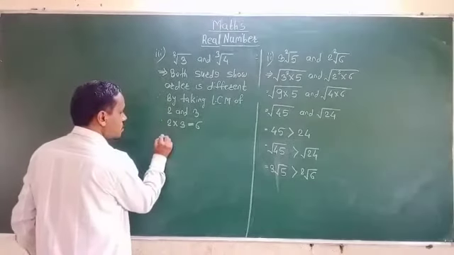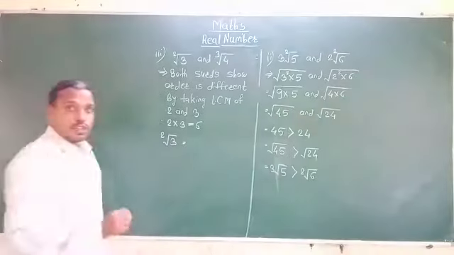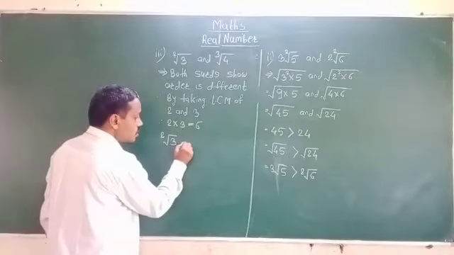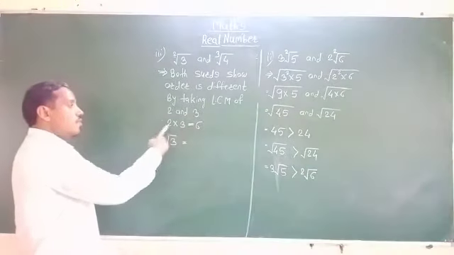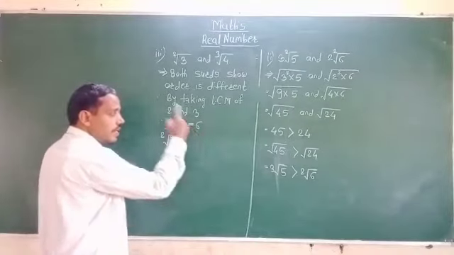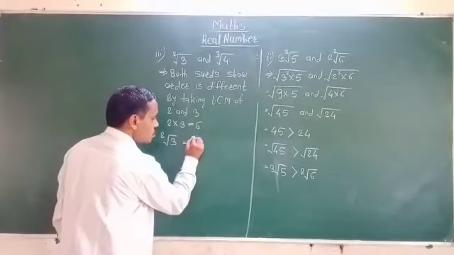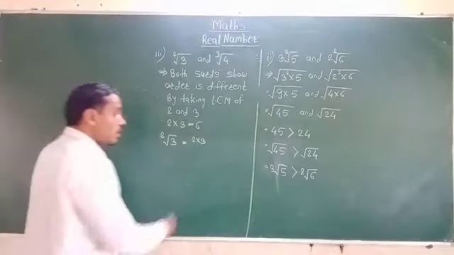So for the first surd, root 3, the order is 2. When we convert that order 2 into 6, we multiply 2 by 3, and we get 6.